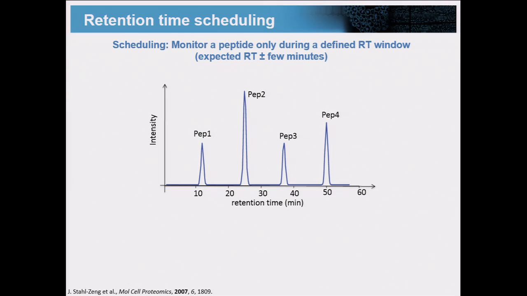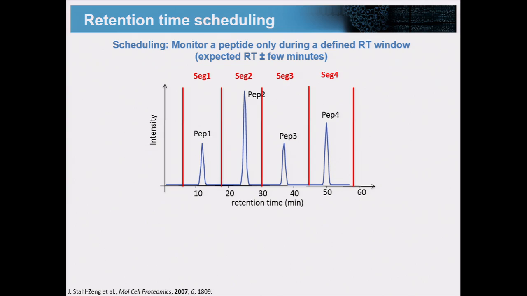In scheduling, we say instead of monitoring a peptide throughout the whole chromatogram, as I've shown you before in the example with the colored lines, we're only going to monitor a peptide we're interested in within a specific segment of the chromatogram. Basically we divide the chromatogram into different segments, and we say monitor peptide 1 only during this segment, and then monitor peptide 3 only through this segment.